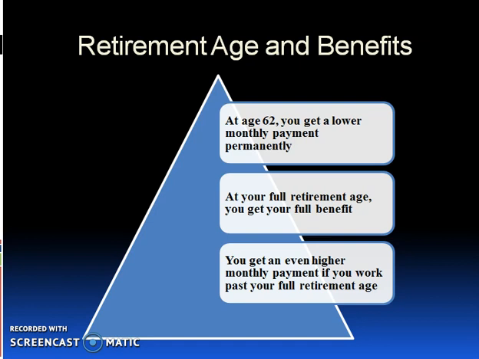However, the longer you wait, the higher your monthly benefit will be. If you wait until age 70, your monthly benefit will be much higher, right? So that's a very good thing to consider if you are planning on retiring.